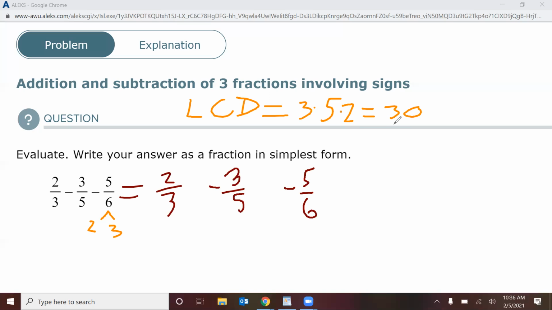What do I need to multiply the first denominator by to get 30? Well, it already has the 3, so I just need to multiply by the 5 and the 2, or by 10. So I multiplied the top and bottom of the fraction by 10. By the same token, I'll multiply the second fraction by the 3 and the 2, or by 6. And I'll multiply the third one by 5 over 5.